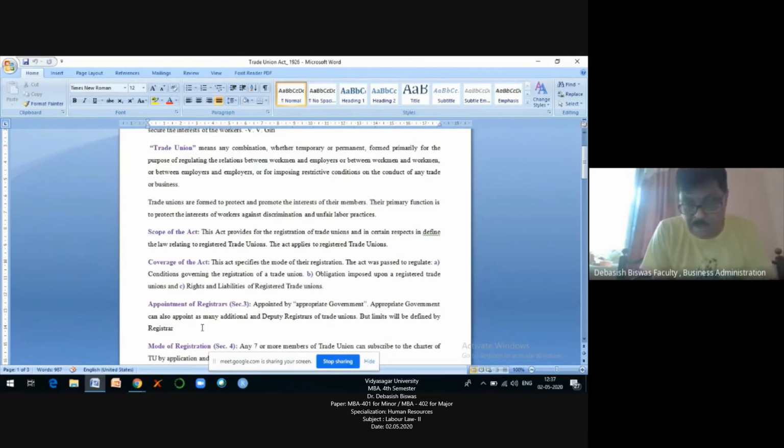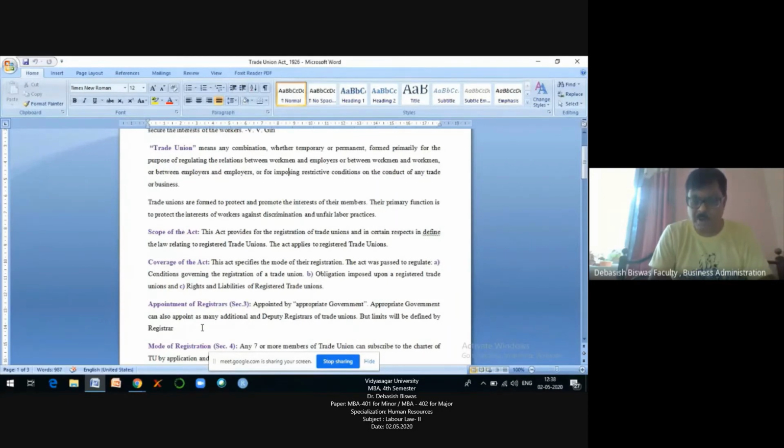And the number of deputy registrars or additional registrars will be appointed by the appropriate government in consultation with the registrar. So what I'm trying to say, the appropriate government, it may be the state government or the central government, they can appoint the registrar. And after that, the registrar will say that he requires two additional registrars and one deputy registrar.